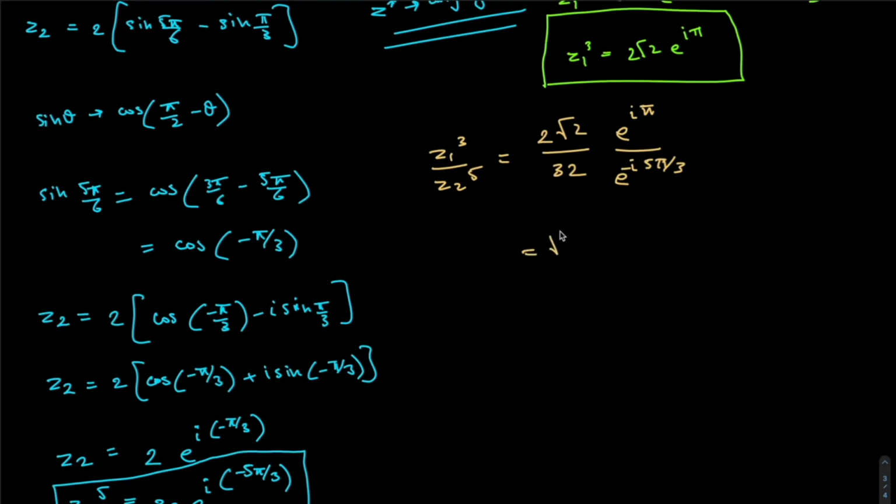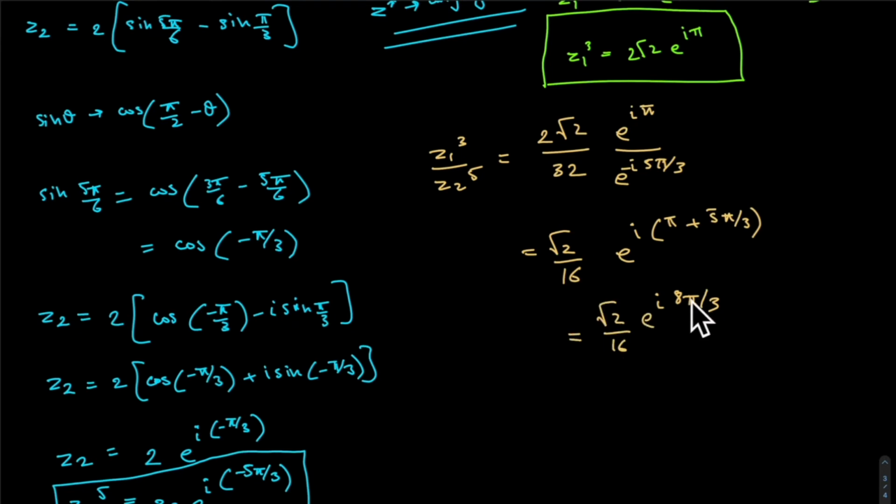So now if I simplify this, I'll have square root of 2 upon 16 e raised to the power i pi plus 5 pi by 3. So I have 3 pi plus 5 pi, which is 8 pi, right? So I have i 8 pi by 3.